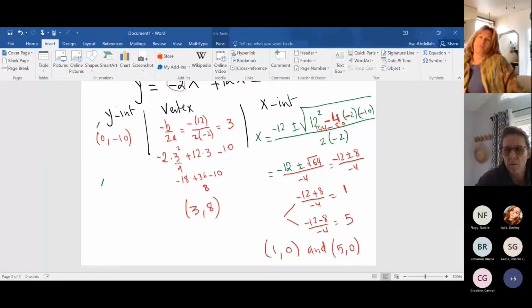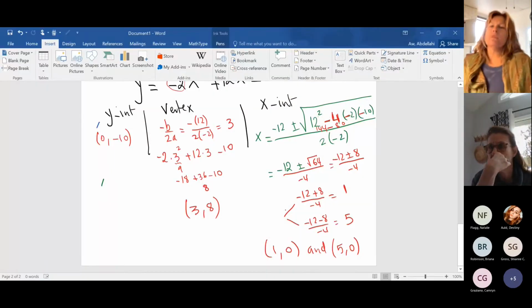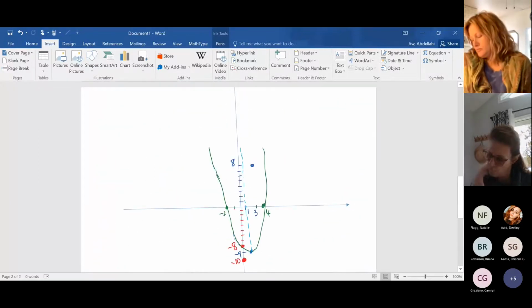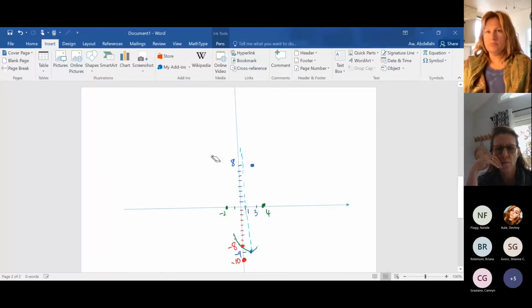Okay, so our two x-intercepts are 1, 0 and 5, 0. By the way, I can go ahead and remove the graph so it doesn't bother us too much.